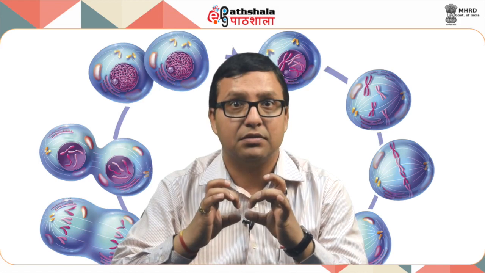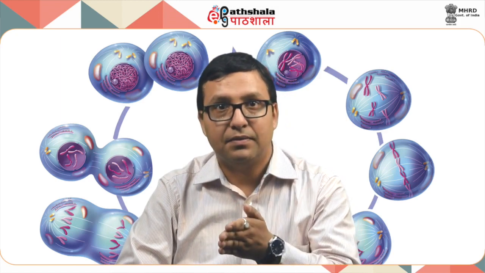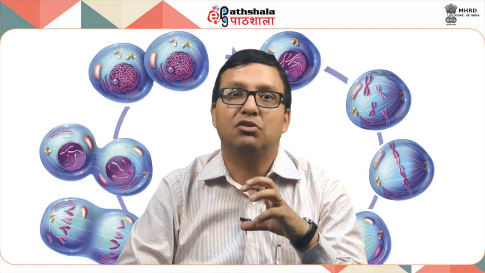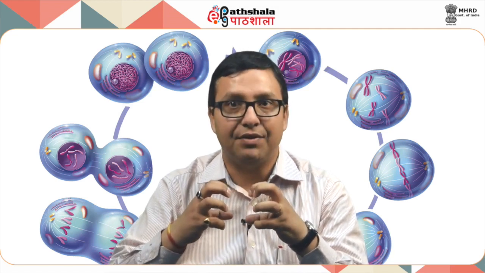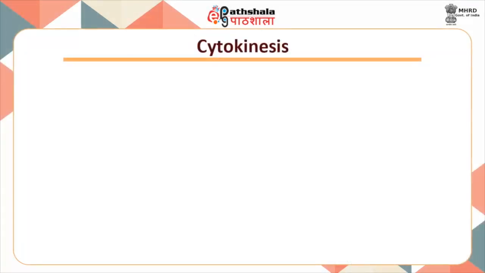But in the case of an animal cell, a cell furrow appears during the anaphase in the plasma membrane, which gradually deepens. Finally, at the end, it leads to the formation of two daughter cells having their own genetic material. In animal cells, the plane of cytokinesis is the same as that occupied by chromosomes during the metaphase.